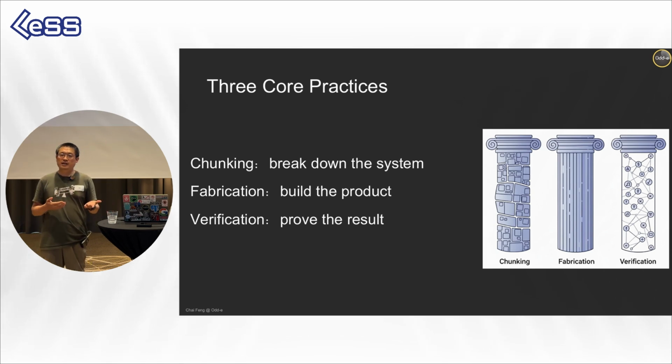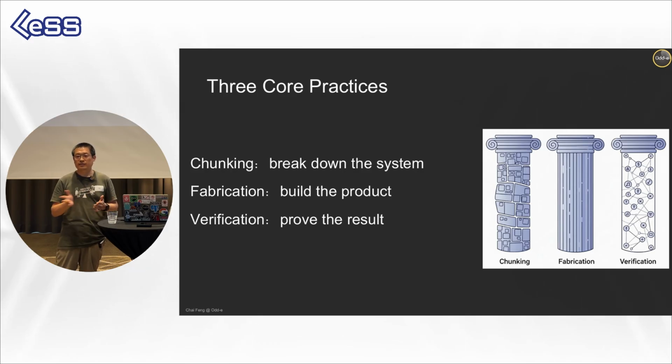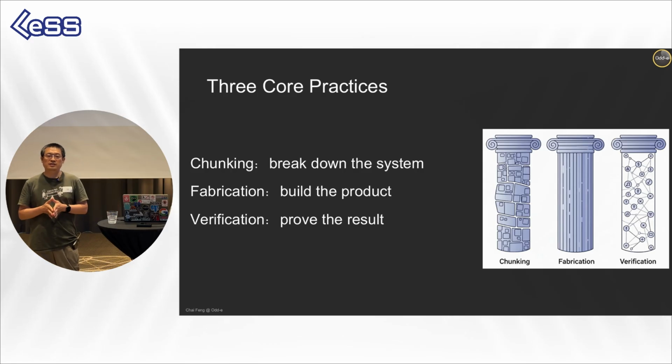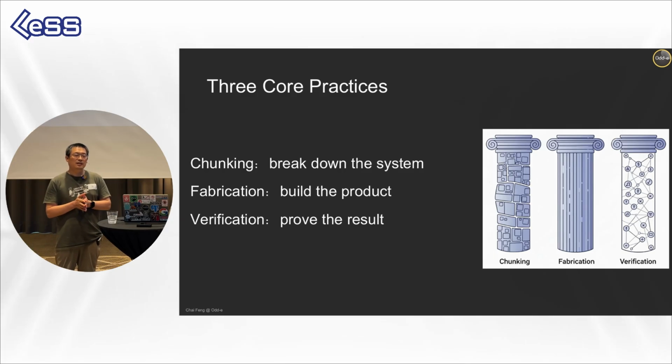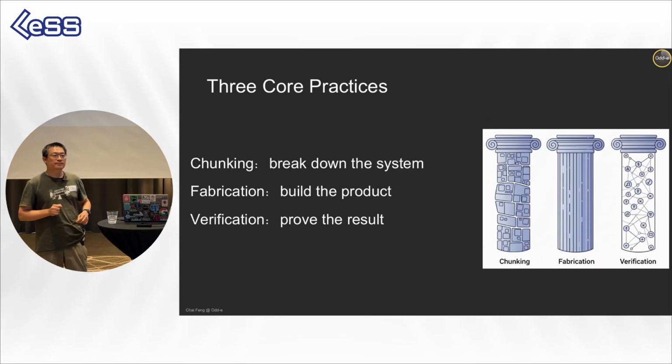Once we have clean, well-defined build units, we need a reliable build process to assemble them into a final product that can be delivered. The third practice is verification. We verify the result. We need to generate a birth certificate for every artifact we build to prove that it was made from the exact inputs we declared and nothing else.